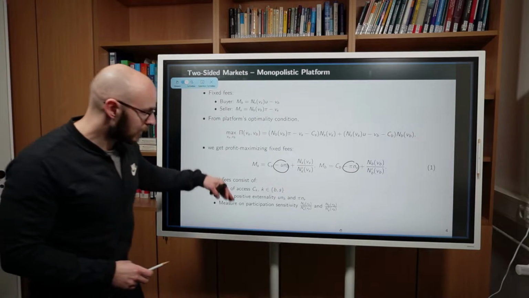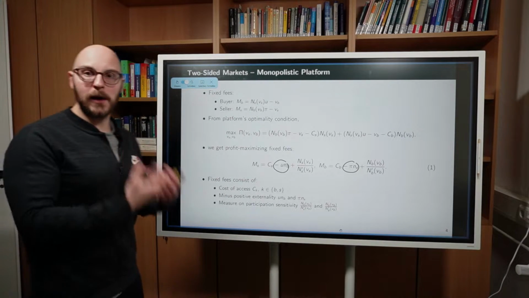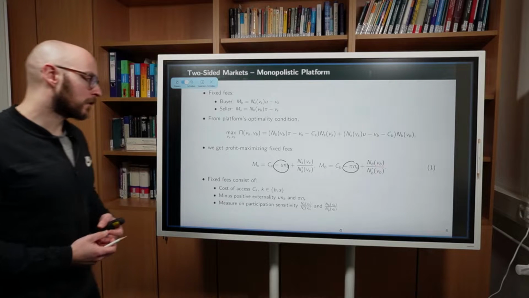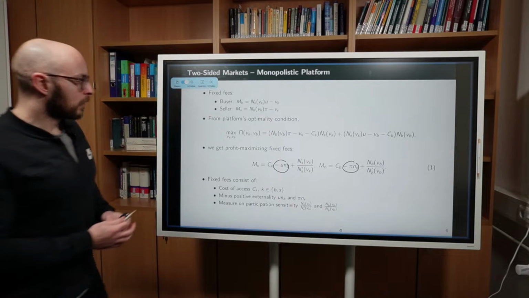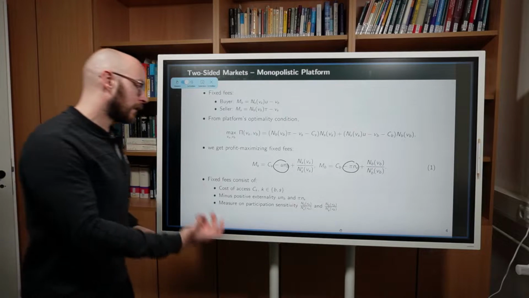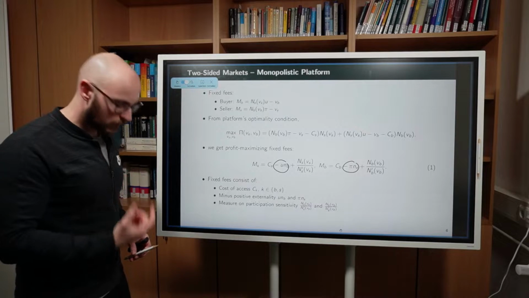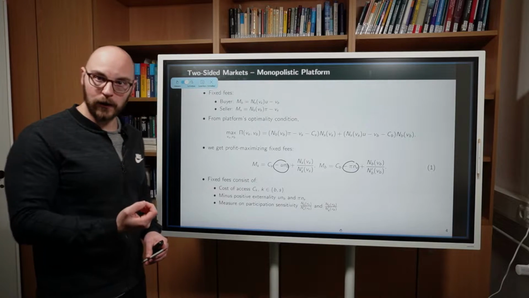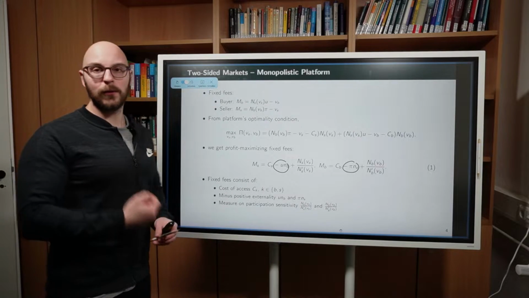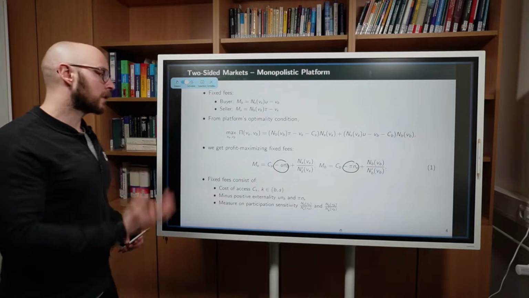Because every seller, if he's on the platform, will attract some sort of buyer, or to some degree it will attract buyers, right? So if you increase the fixed fee for the sellers, you basically make it less attractive for the seller to be on the platform, and that has a feedback on the number of buyers.